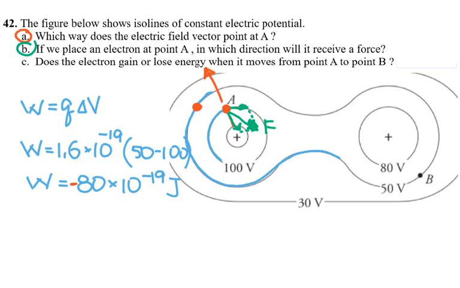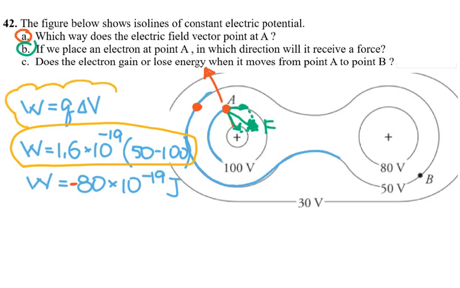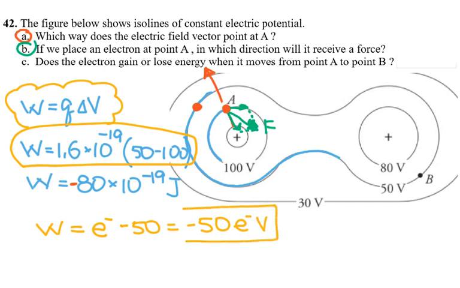Also, I want to show you something interesting here that we will be doing at the end of AB Physics 2. In this problem, let's look at the formula itself. If I wanted to find the work, I could write the charge. Instead of writing the charge, I'm going to say it's an electron, and the change of the potential difference is negative 50. So I could say it is negative 50 electron volts.